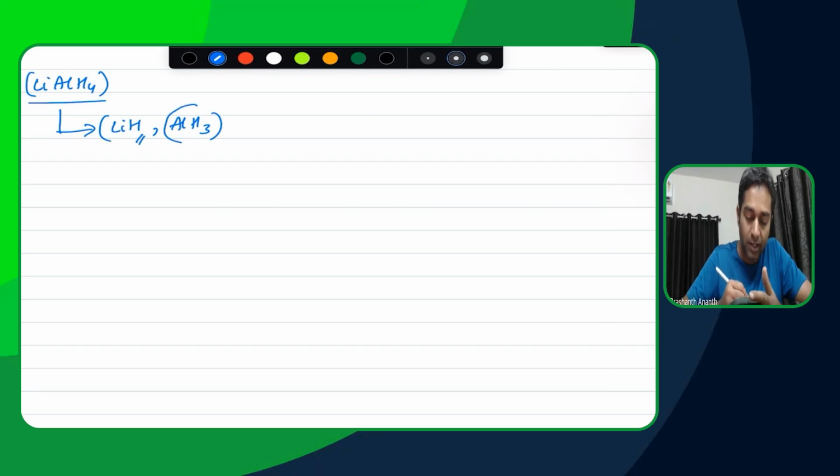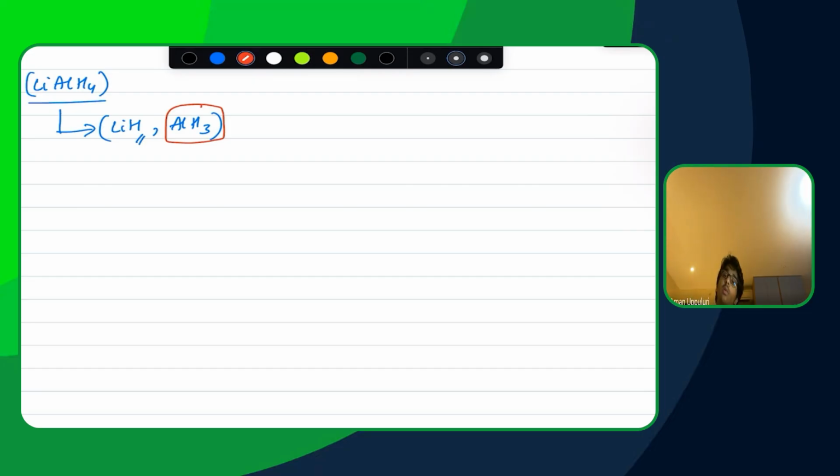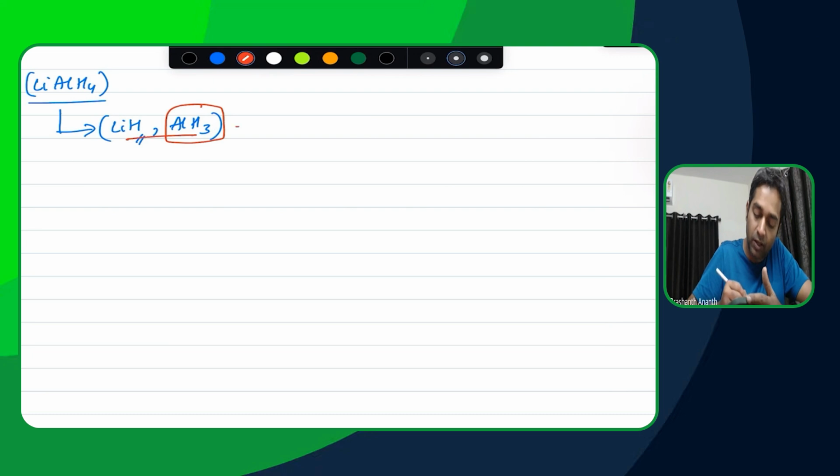Here though, there is AlH3 available, which stabilizes the H minus. So this mixture together is something you can think of as H minus in AlH3.